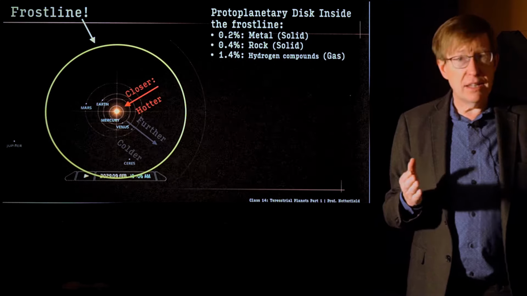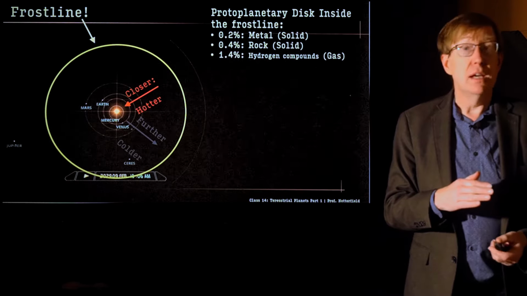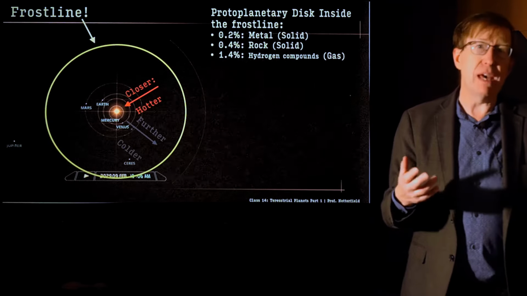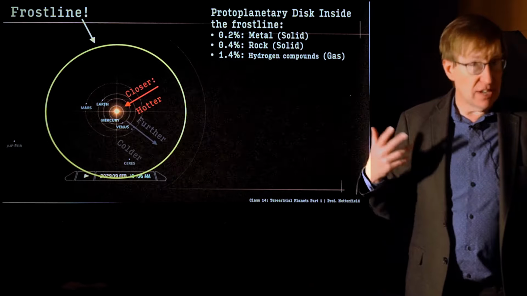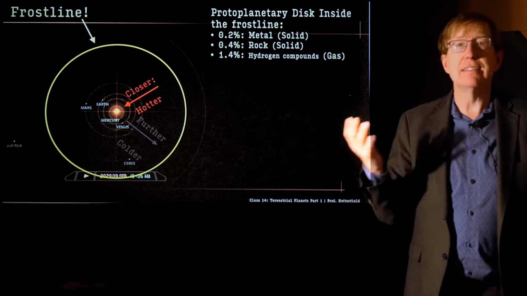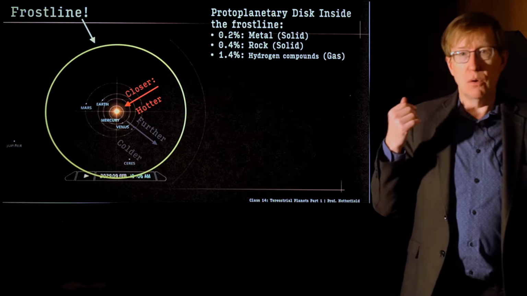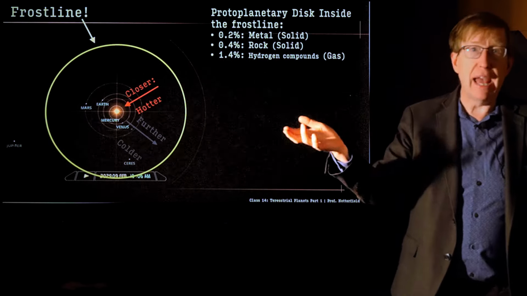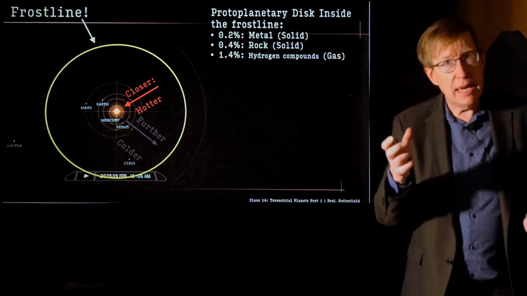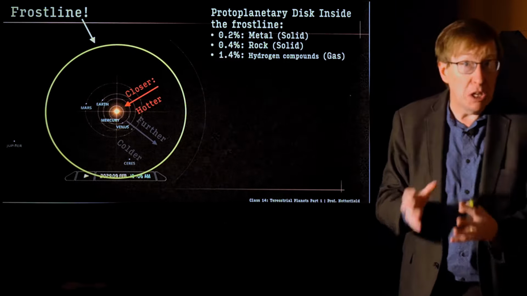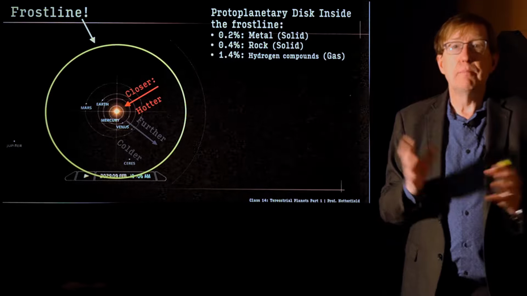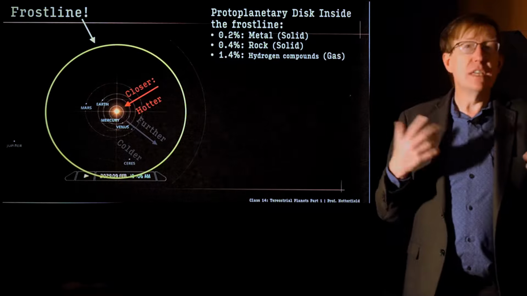Now, at the temperatures inside the frost line, these things are all gases. Think about methane. Methane is a gas inside the frost line. How about nitrogen? Nitrogen is a gas inside the frost line where it's warm enough. So on Earth, methane is natural gas. It's a gas. Now, if you take methane or nitrogen and cool it enough, it will become a solid. It becomes solid ice. But inside the frost line, these things are gases.